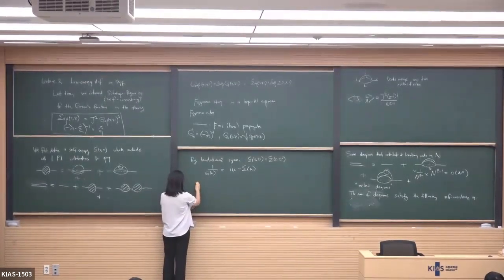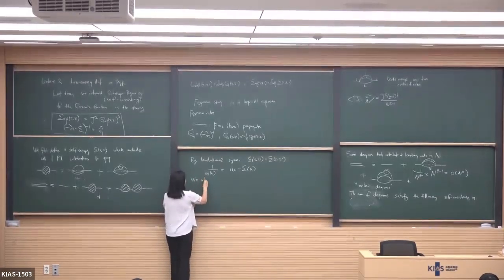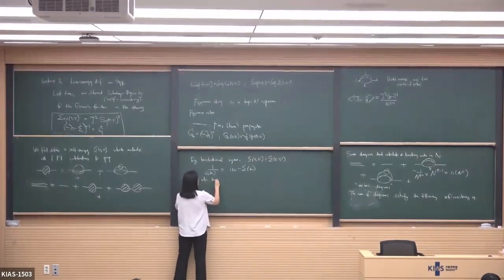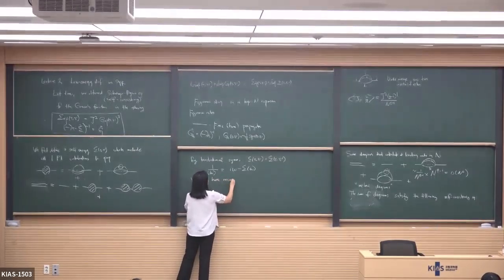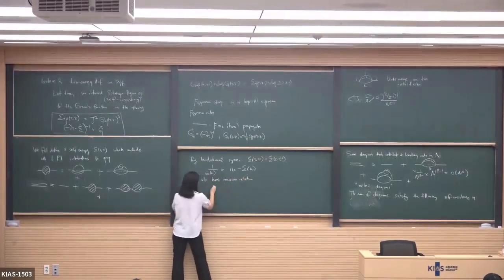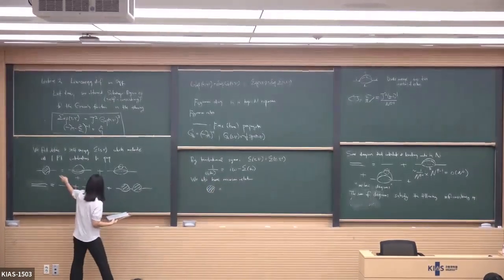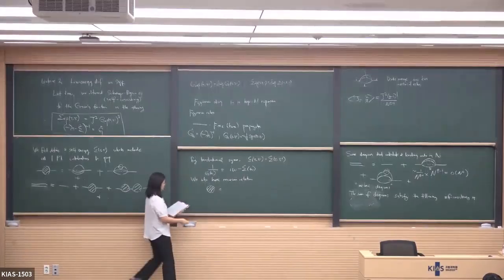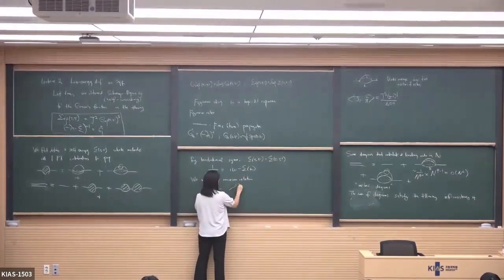And in addition to this, we have the recursion relation. What's the recursion relation? The blob is going to be given by the full propagator, three powers of the full propagator.